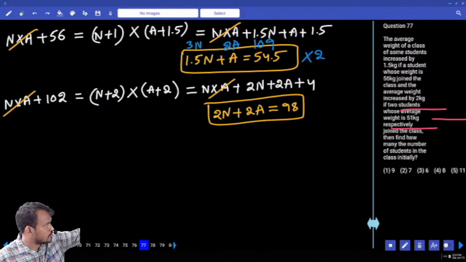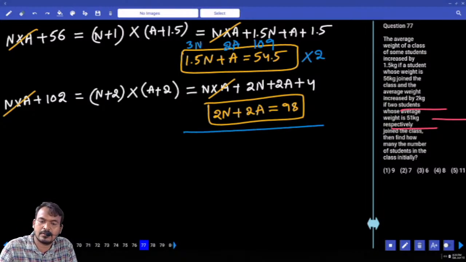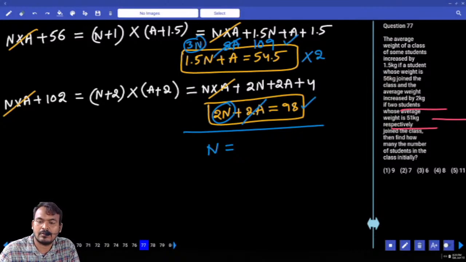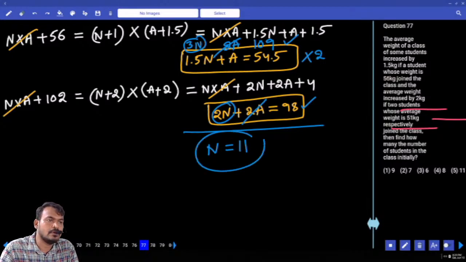Then take the difference, first equation minus second equation. What is the difference? 3n and 2n, the difference will be n. Plus 2a minus 2a cancels. 109 and 98, what is the difference? 11. So the number of students is 11.